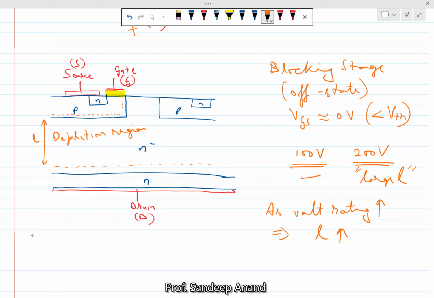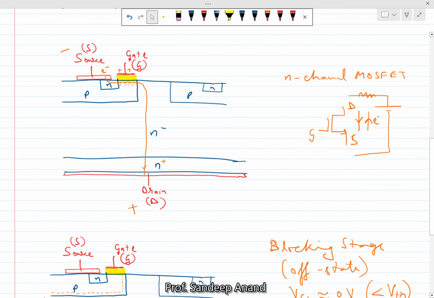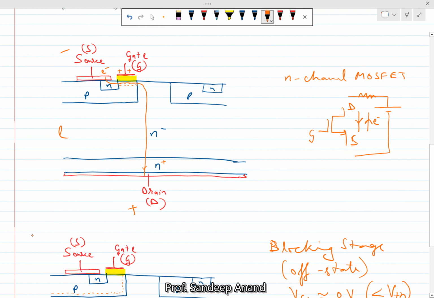And let us quickly have a look back at what the impact of increasing L is. L comes into the picture when you turn on the device, when you turn it on by applying a positive gate voltage and it starts conducting. Then the electron has to travel a longer distance in this N minus region, and therefore the resistance of this N minus region increases.